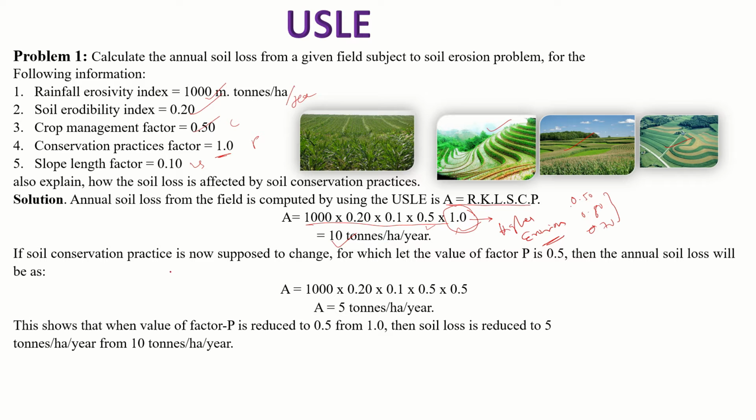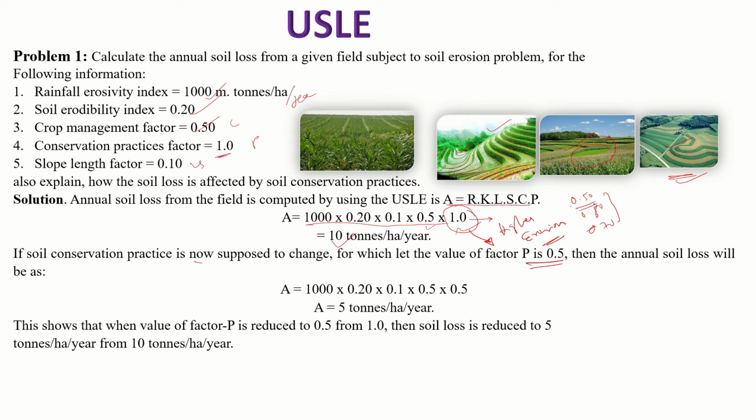If you practice conservation, either using terraces, strip cropping, bunds or simple contour farming, let us assume that due to the conservation practice the P value is 0.5.